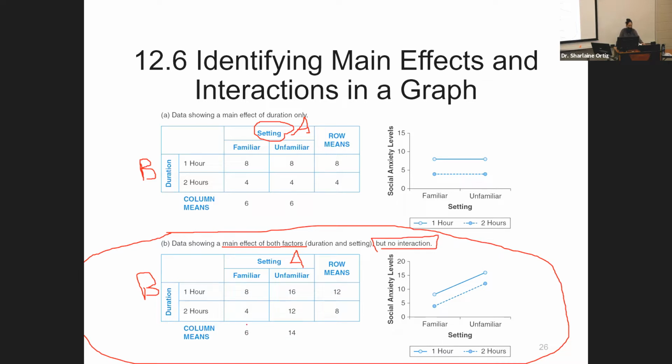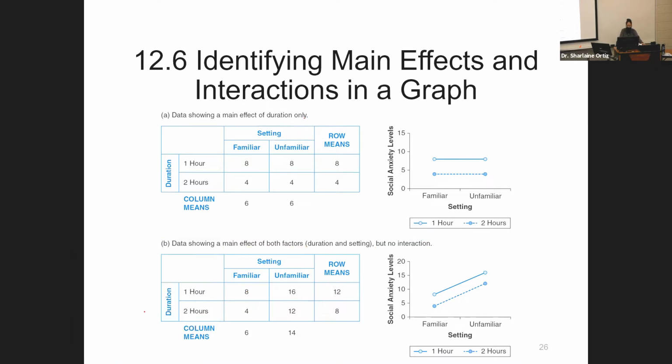So how are we going to conduct this specific aspect? Notice that here, we're going to observe the row means, and we're also going to observe the column means. And how exactly are we going to do that determination? Well, if I clear your slide a little bit, notice that we're doing the same concept once again. The setting is familiar or unfamiliar for the person who has scored levels of anxiety.